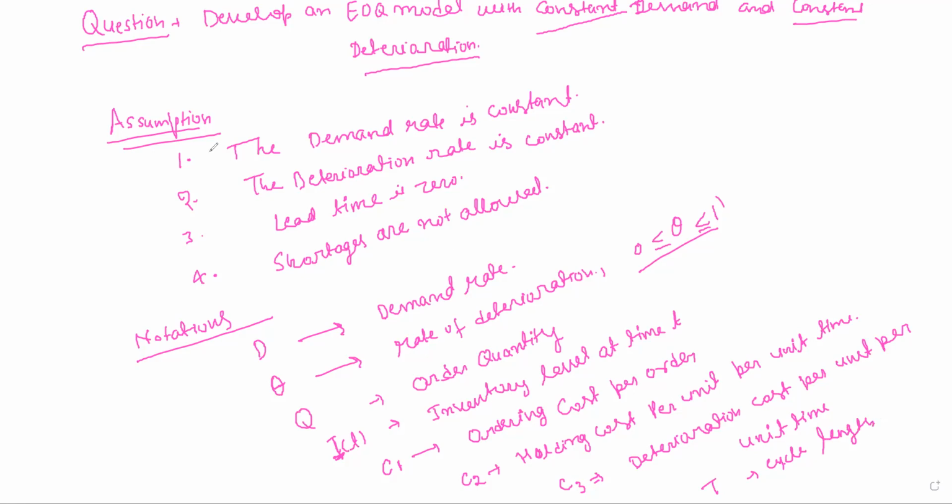So first step is write the assumptions, second step is write the notations. Now we move to the third step, which is mathematical modeling. I hope it is clear to you. So we go for the next step, which is mathematical modeling.